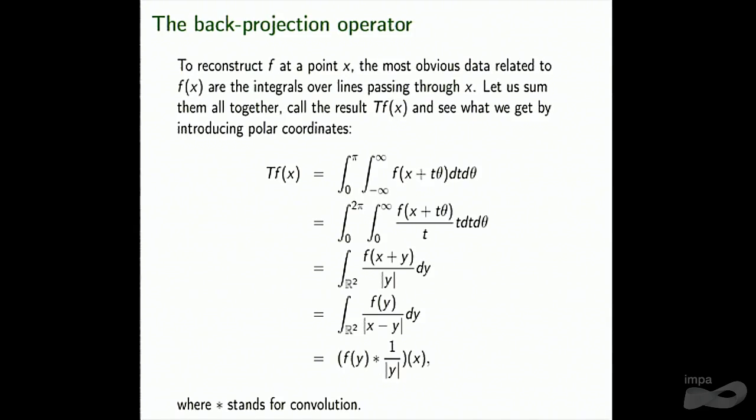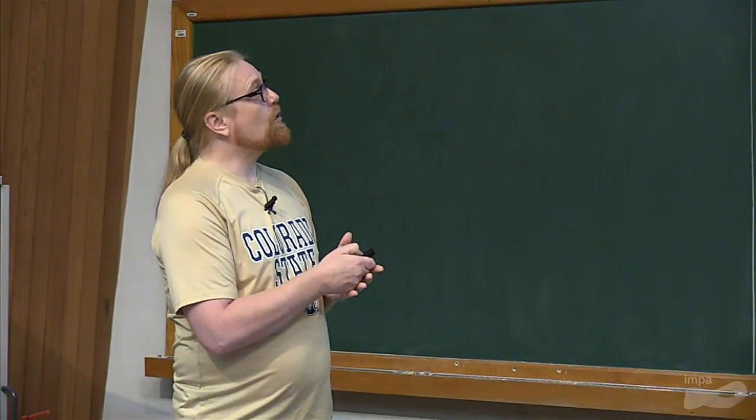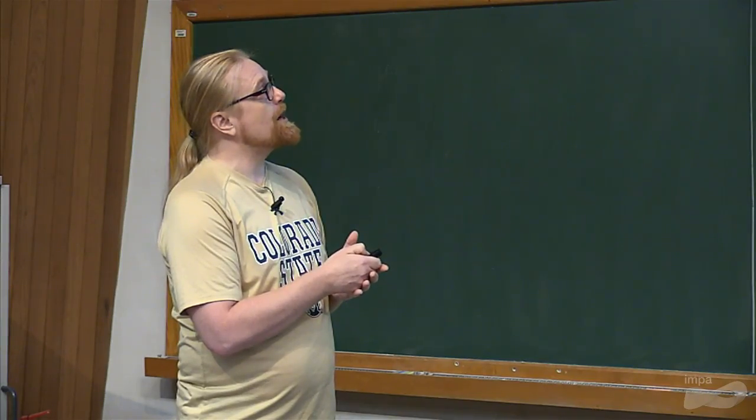So if we think that we have all line integrals of the function f available, first let's do this back projection operator, namely, at each point x, let's integrate together all the information we have around the point x, namely, let's take all the lines that pass through that point and collect them together. These are the informations we have.